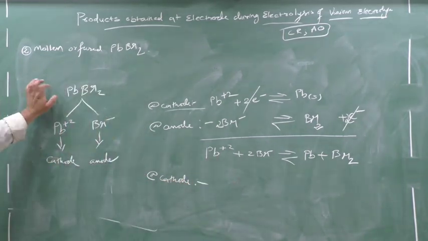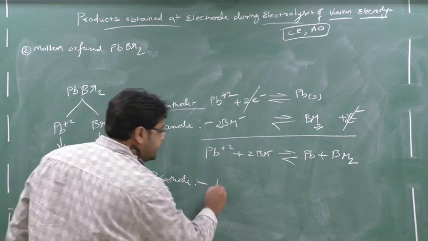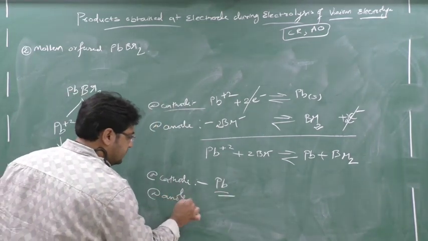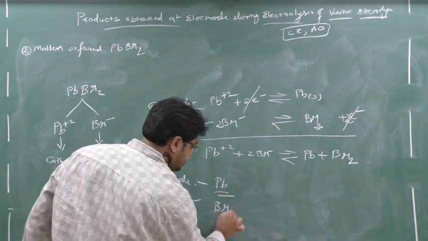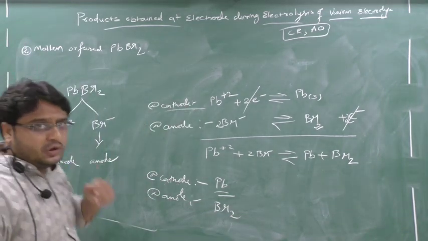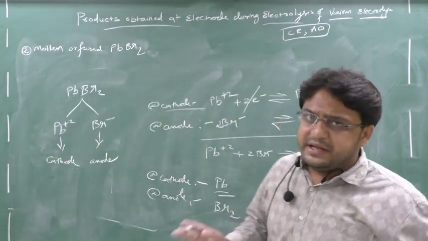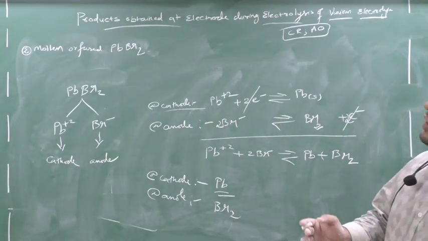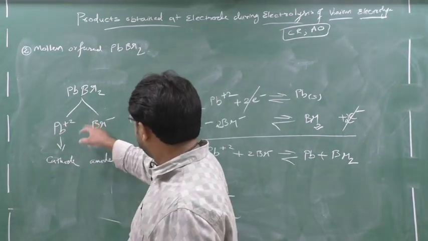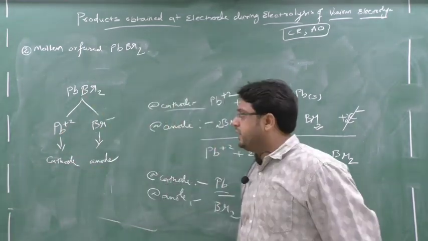During the electrolysis of PbBr2, at cathode lead is obtained, and at anode Br2 is obtained. In this way, we can go for molten PbCl2, many we can do. You feel it is very easy. Directly you can determine, or in shortcut you can say, here at cathode Pb will be obtained, and at anode bromine gas will be obtained.